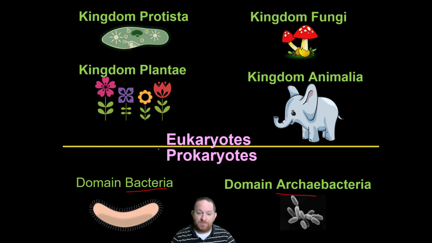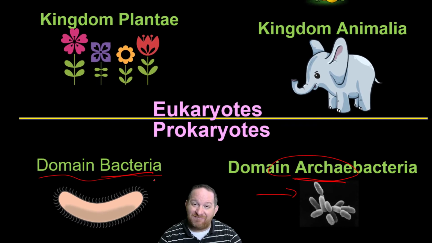In this video, we're going to spend most of our time talking about domain bacteria because it's well understood. There is another domain, domain archaea. These are single-celled organisms that many people at first thought were grouped with bacteria. But what we actually understand about them now is that some of their metabolism and transcription translational controls are much more similar to eukaryotes.